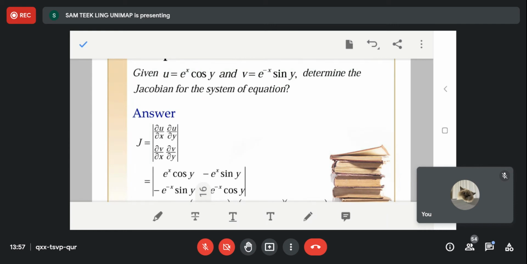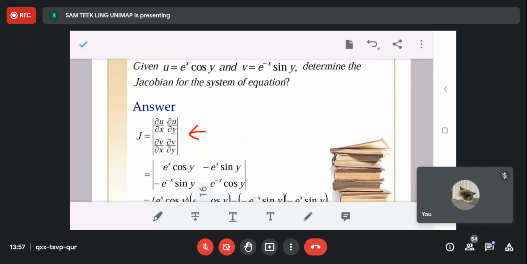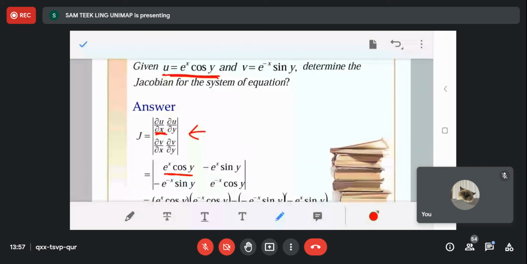So this one, don't skip. You write it out. Then you differentiate u with respect to x. You differentiate this one with respect to x. You differentiate the exponential with respect to x, you will get the same one. Then cos y is a constant, because here you differentiate x.